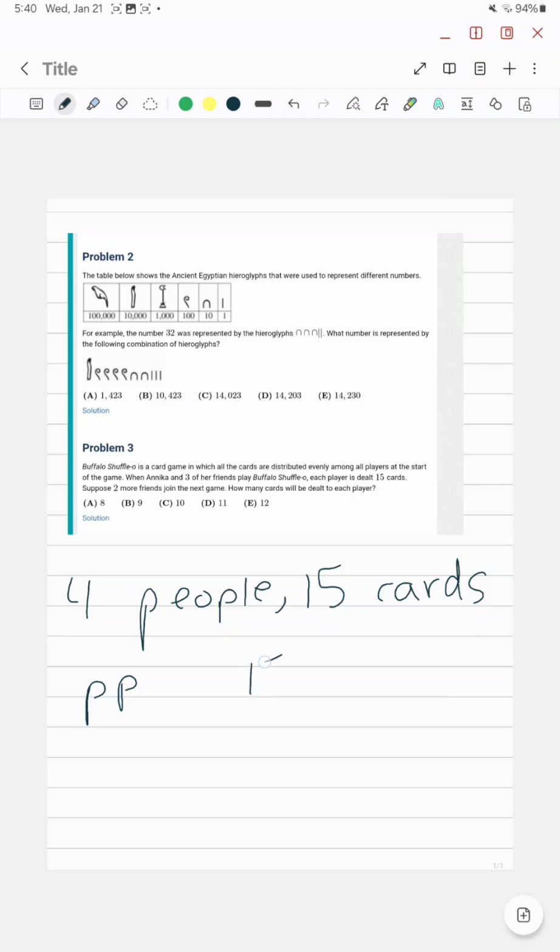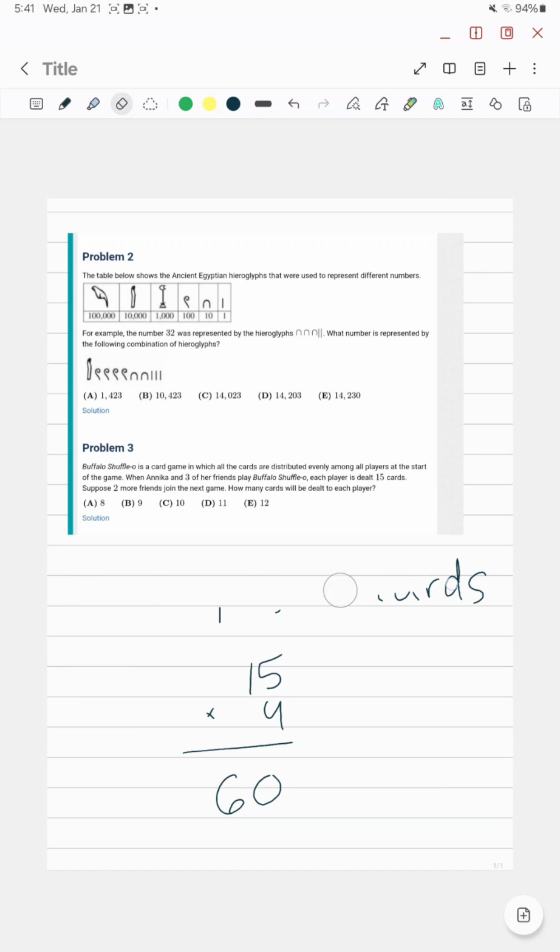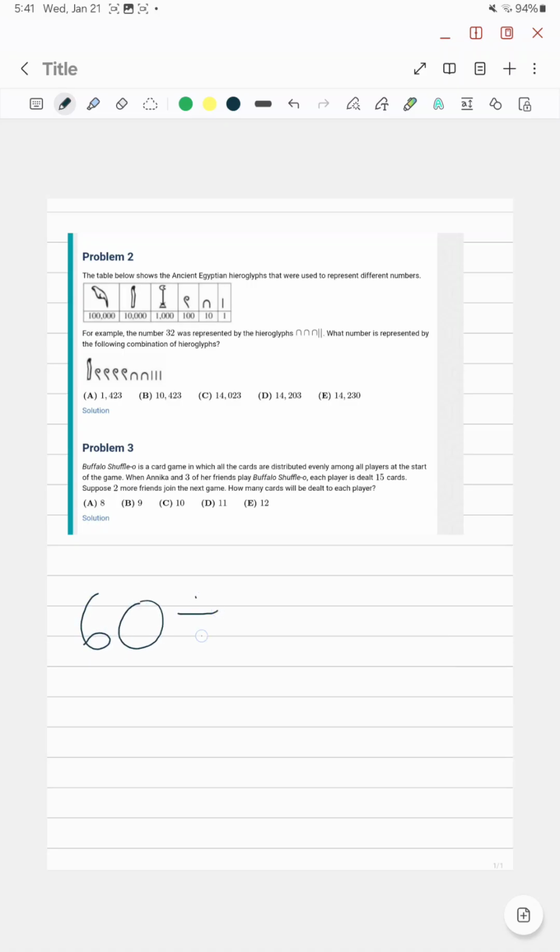So we do 15 times 4, and we get 60 cards in total. Alright. So there's 60 cards in total, and in the new game, there are 6 people. Then all we have to do is do 60 divided by 6 to see how many cards each person will be dealt. And that equals 10. The answer is right here.